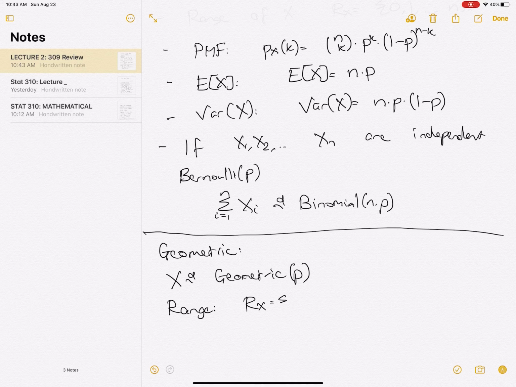You could have 0, if you get a success on the first go. You could have 1 if you get a failure first and then a success. And then 2, up to as large as you want, depending on how many failures you get until that first success. Even though it's infinite, it's a discrete random variable because this range is clearly a countable set.